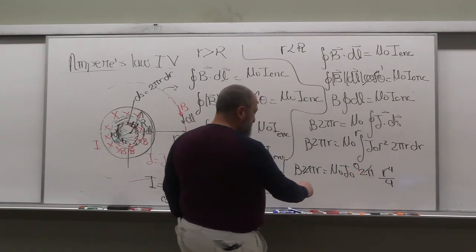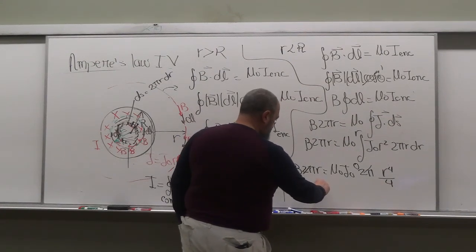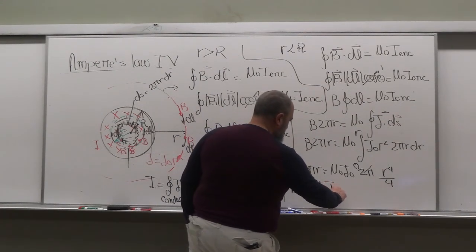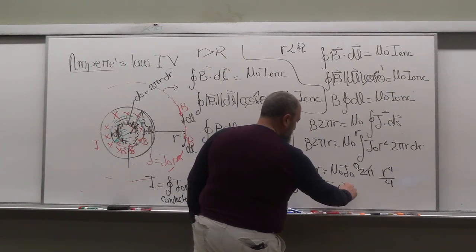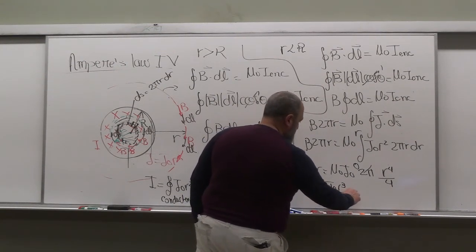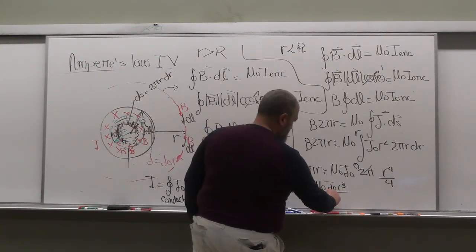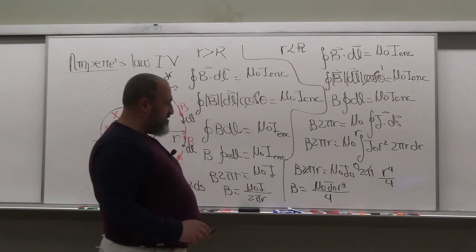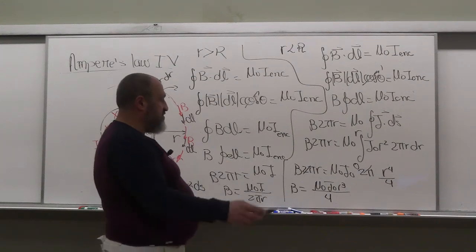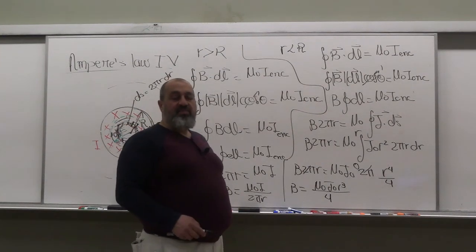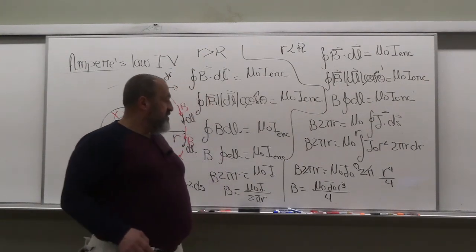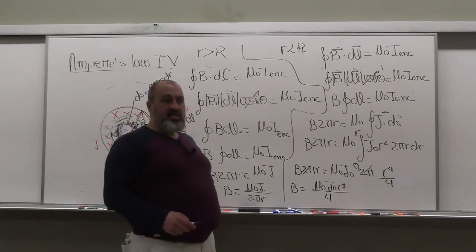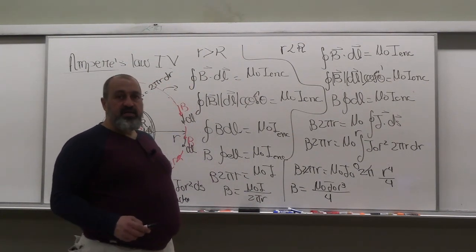So B is equal to mu naught J naught times r cubed over 4. So the field inside goes as r cubed, and outside it goes as 1 over r, and you can plot that if you want. Okay, we're going to pause here and continue in a couple of minutes.